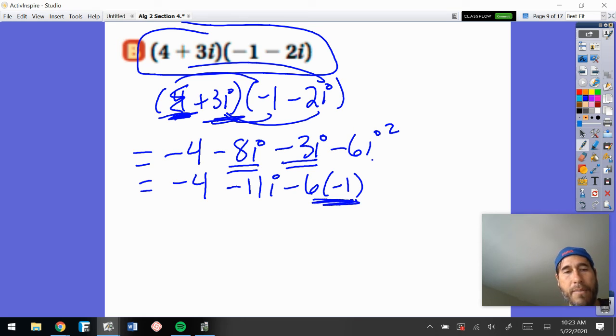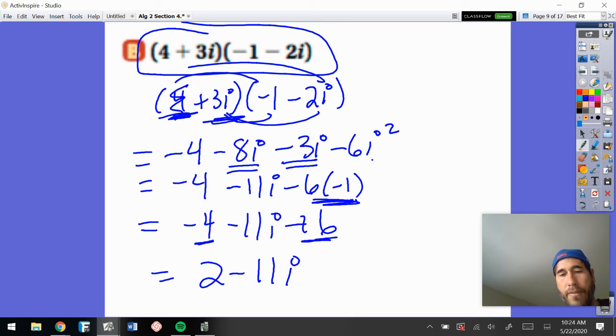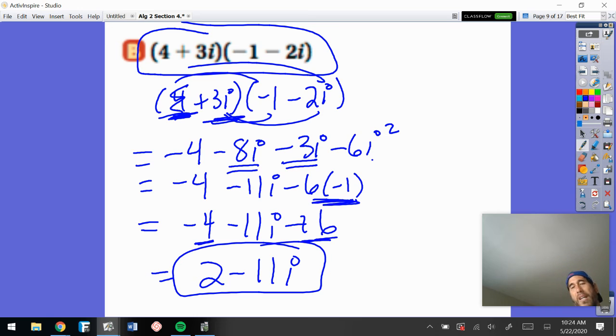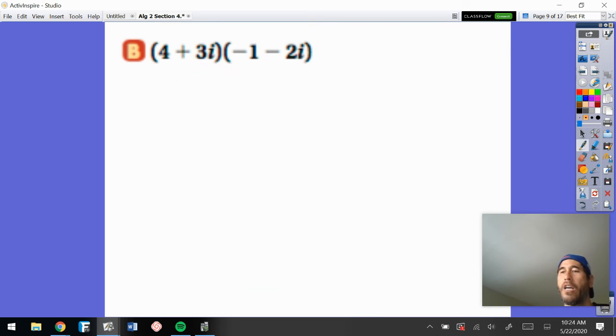I have to do multiplication before any adding or subtracting, so I got plus 6. Those are like terms, so then I get 2 minus 11i. Done. If you got that one, you're pretty good to go in terms of adding, subtracting, and multiplication.